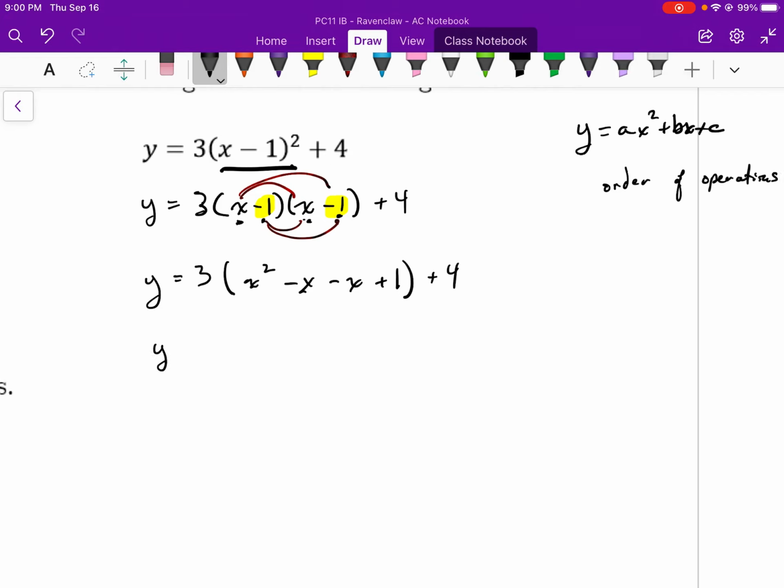Carrying this through and simplifying, we have 3 times x squared minus 2x plus 1, plus 4. So maybe if I want to write, I can write expand and multiply. Between these two steps, I collected like terms.